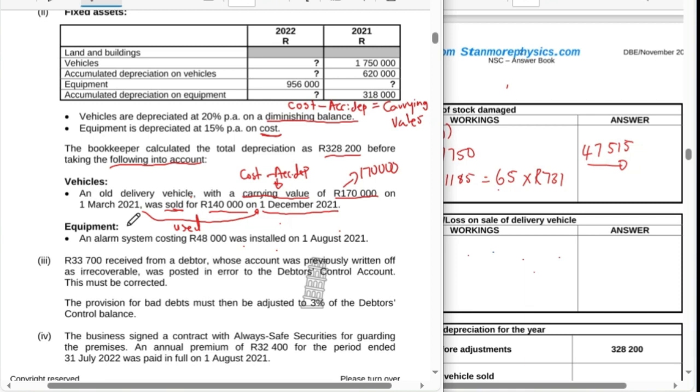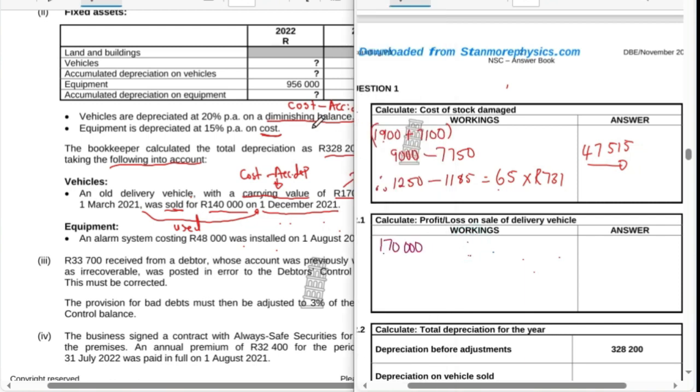We have been using this vehicle before we could sell it. So this vehicle is no longer worth 170,000 because it has been used, meaning it has been depreciating, and now we need to use our depreciation method.